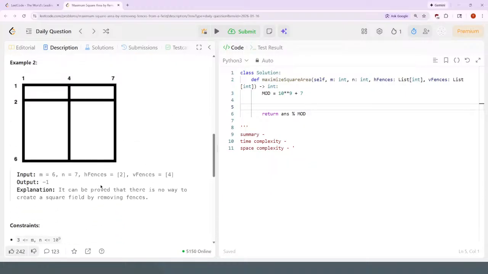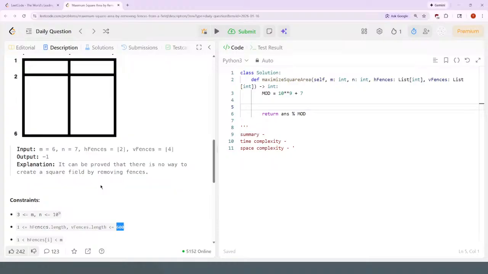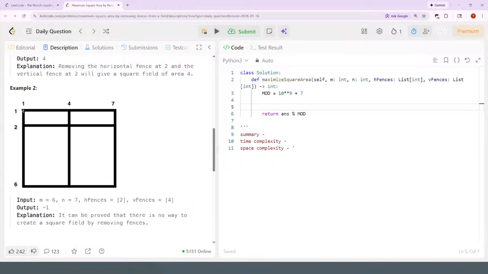Does that make sense? So for instance, if I have 1, 2, 6, then the gaps could be 1 from 1 to 2, 4 from 2 to 6, and 5 from 1 to 6. So those are all possible heights of the square.